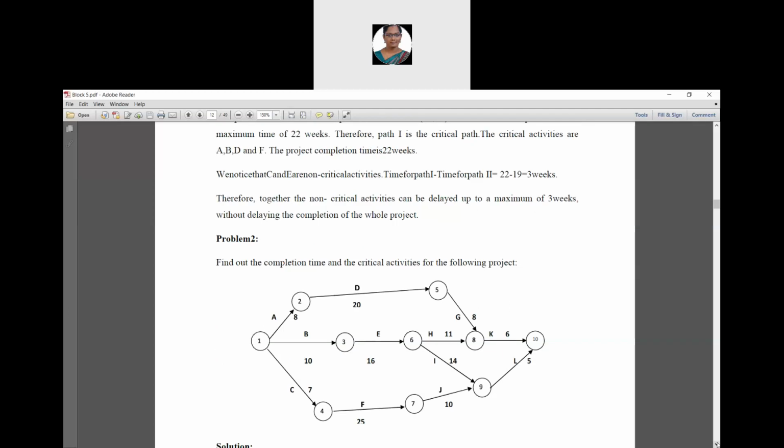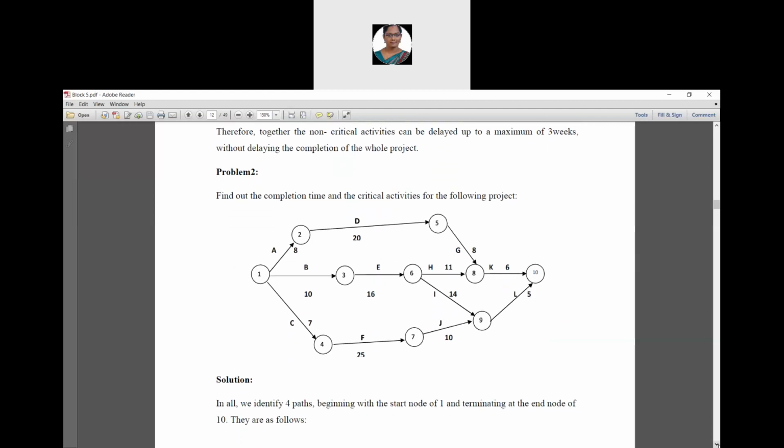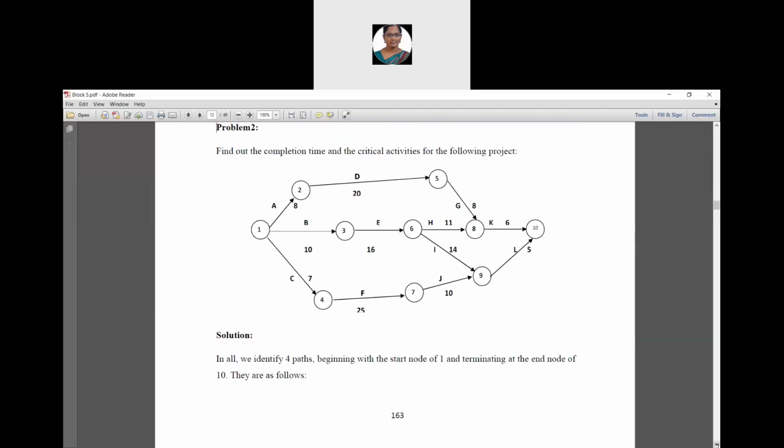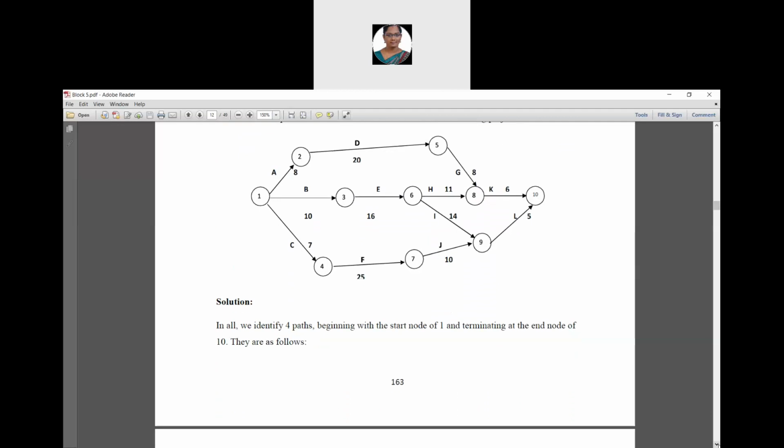So see here. We have to identify how many possible paths, how many possible ways there are to complete this project. Yes, see here, 1 to 2, 2 to 5, 5 to 8, 8 to 10. Next path is 1 to 3, 3 to 6, 6 to 8, 8 to 10.